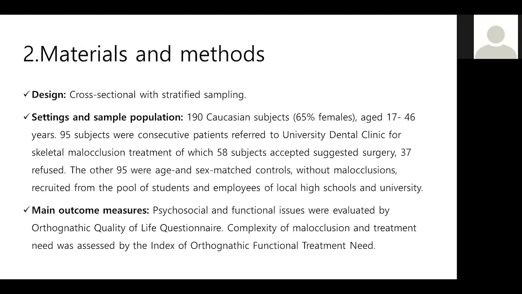The other 95 were age and sex-matched controls without malocclusions, recruited from the pool of students and employees of local high schools and the university. Psychological and functional issues were evaluated by the orthognathic quality of life questionnaire. Complexity of malocclusion and treatment need was assessed by the index of orthognathic functional treatment need.